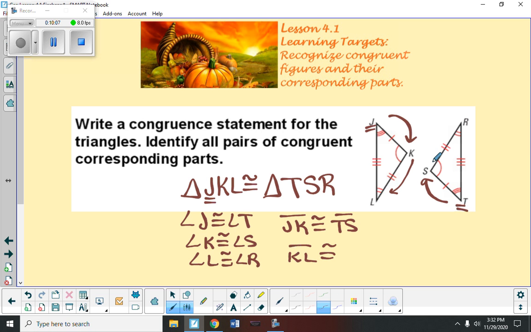So 1 mark to 2 marks would be S to R. And lastly, the longest side would be segment LJ. That's 2 marks to 3, and so 2 marks to 3 would be segment RT. So in order to show that you have congruent triangles, you have to show all 3 sets of angles are congruent and all 3 sets of sides are congruent.